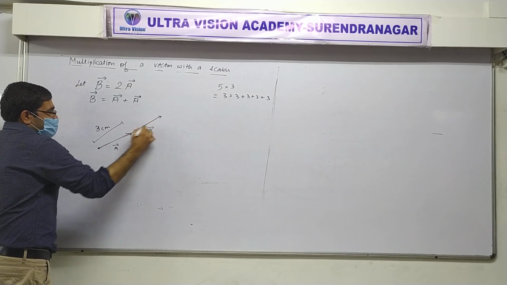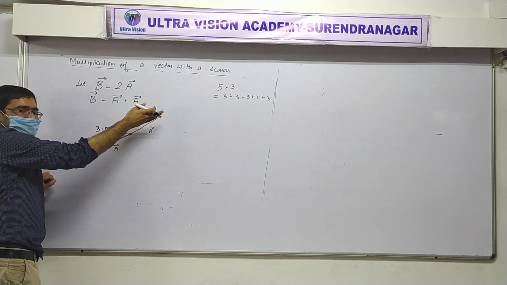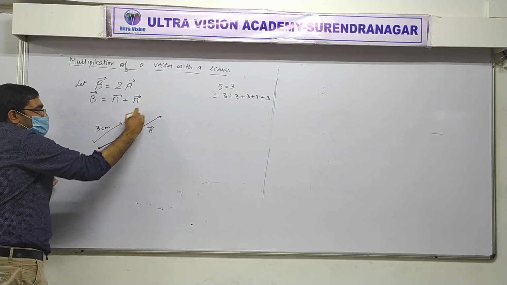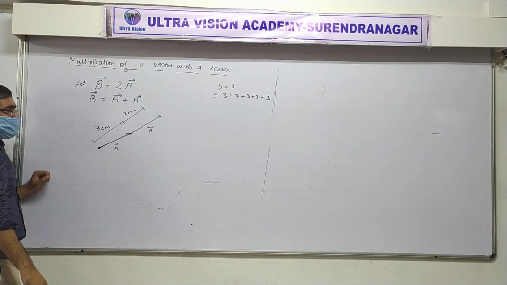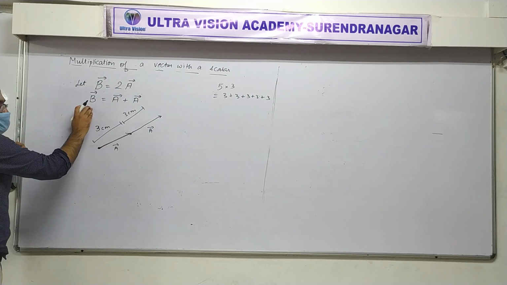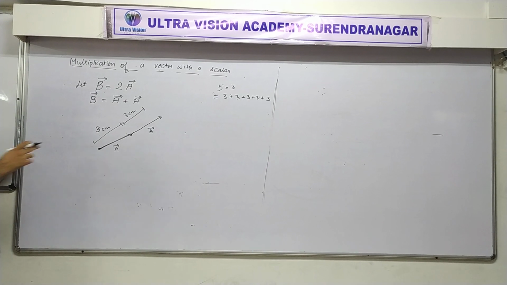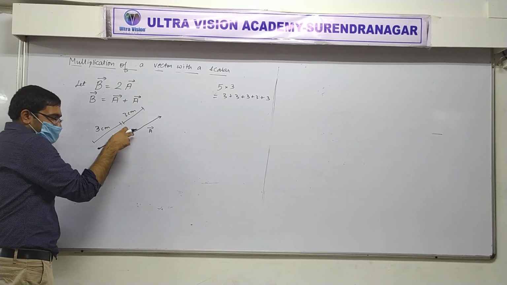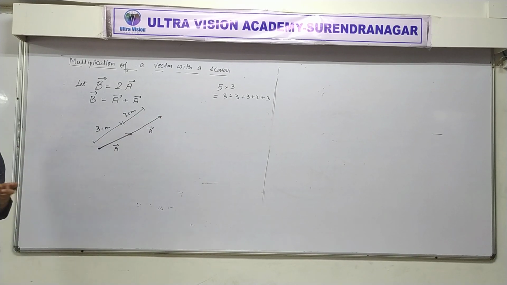Do you realize that we are going in the same direction? So this will again be 3 cm. Now how do we get the resultant, the addition? From the tail of the first to the head of the second.